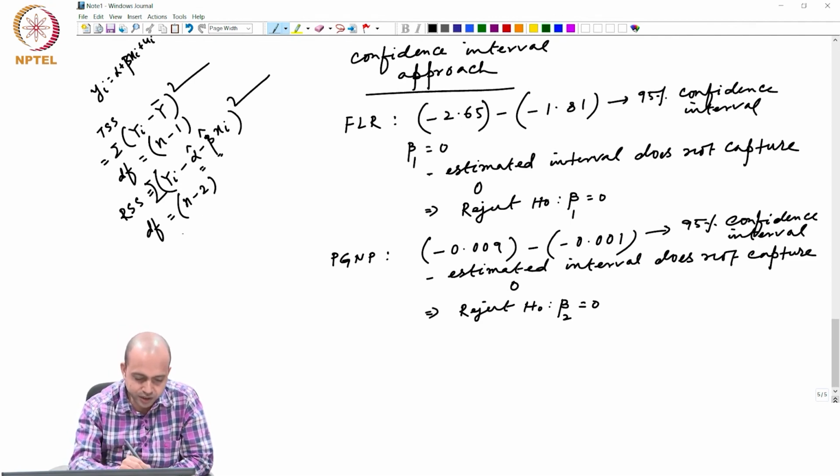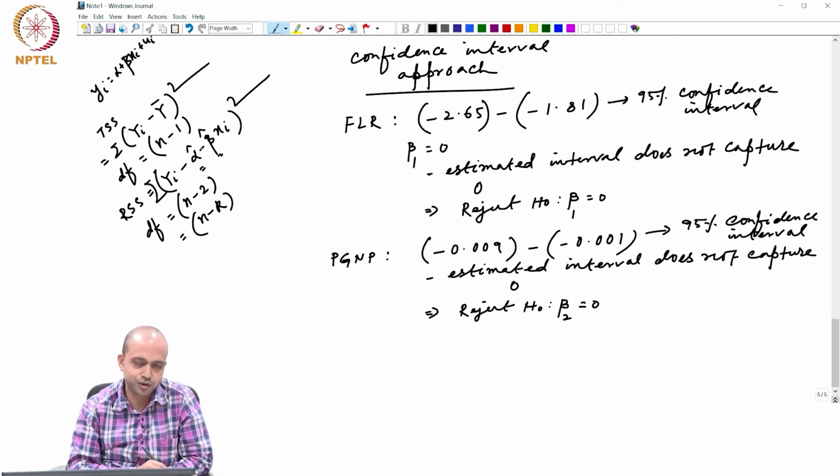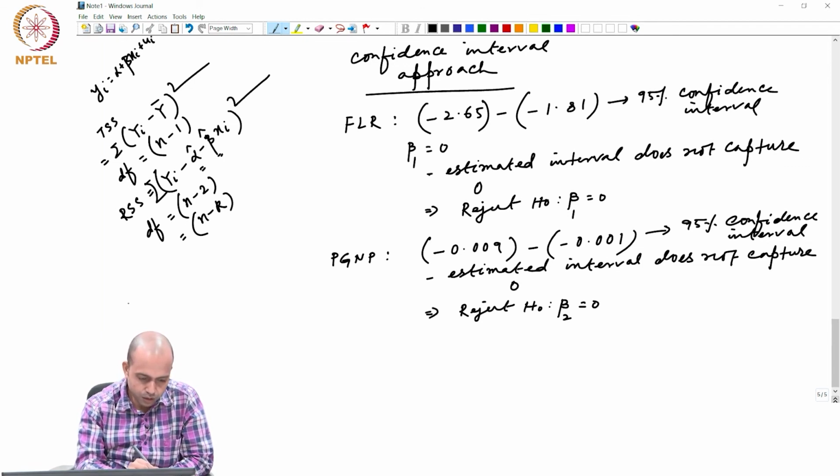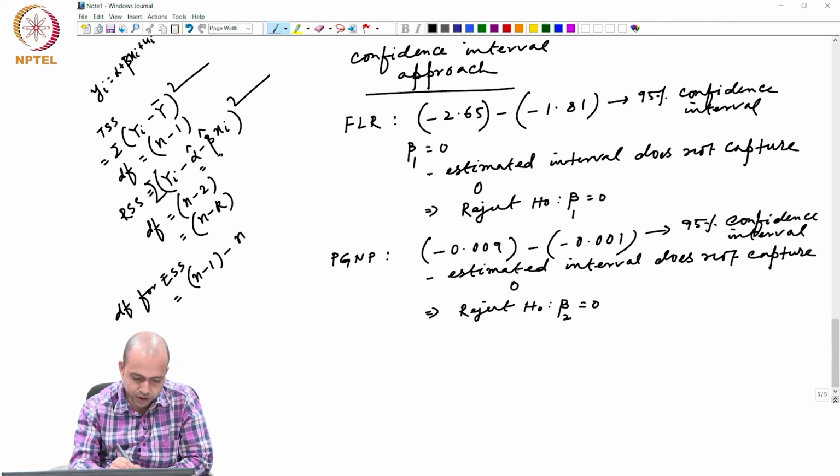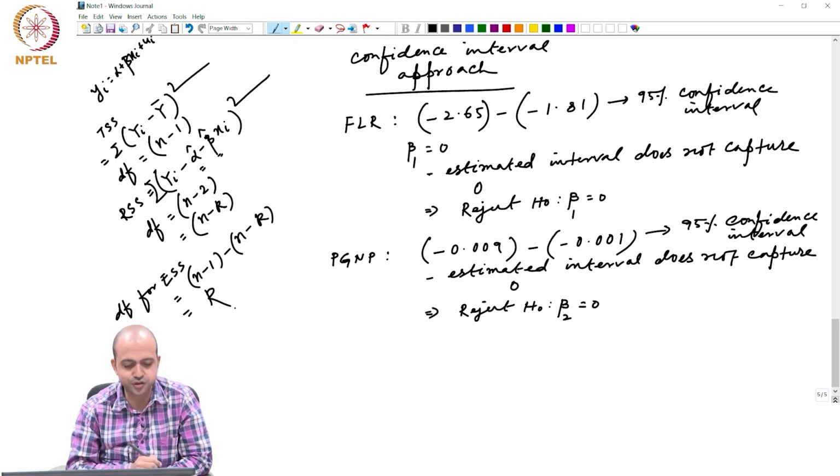Or in general, we can say that this is n minus k, where k is the total number of parameters to be estimated from the model. And then you can easily say that the degrees of freedom for ESS would be n minus 1 minus n minus k, which equals k minus 1.